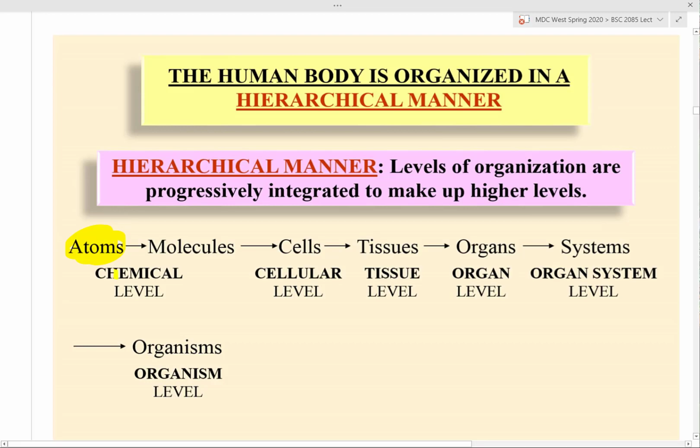That gives rise to the chemical level, okay? So atoms are part of the chemical level as well as what? Molecules. We need to learn the difference between a molecule and a compound. What is a molecule? How do you make a molecule?